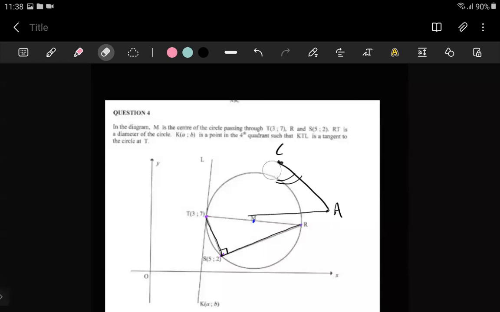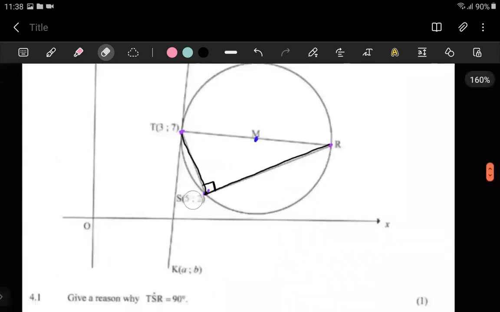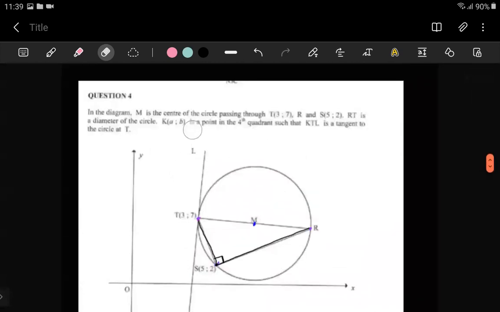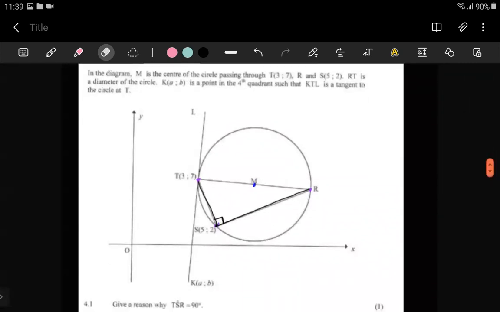So with our sketch, what we have is angle S here. It's being subtended by TR. There's S here, a line going to R, and a line going to T. With that being said, the rest of the question says K, which is A, B. K is down here.